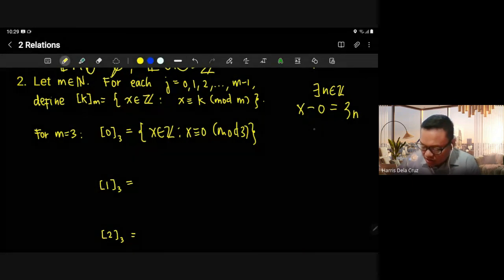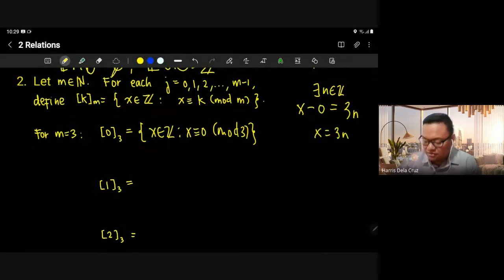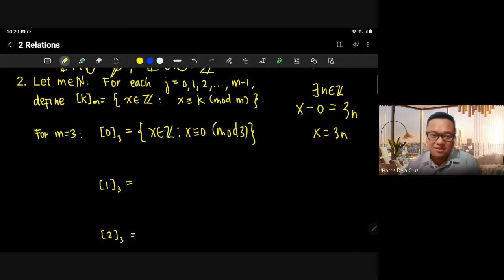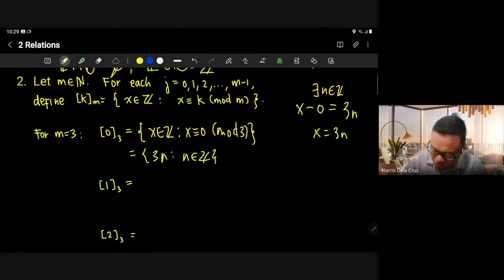In short, x can be written as 3n. So these are multiples of 3. The set bracket 0 sub 3 is all multiples of 3. We can write this as the set of all 3n such that n is an integer. In short, it contains all multiples of 3.